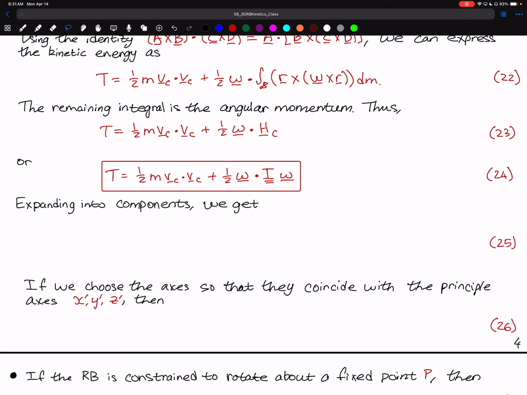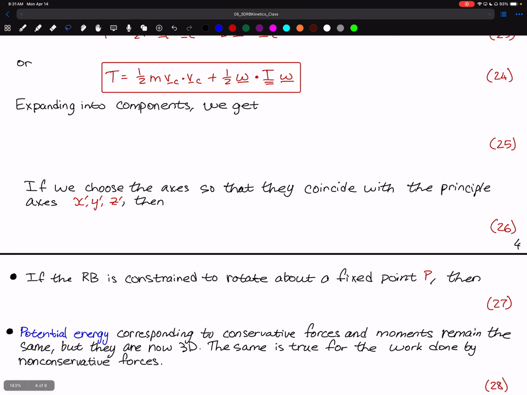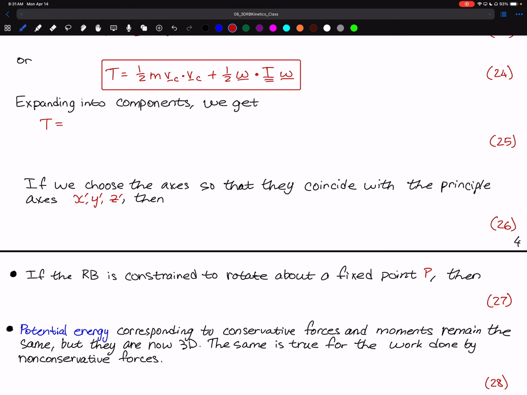All right, we can also expand this into components. And we'll get this lovely expression where T is equal to 1/2 m times v cx squared plus v cy squared plus v cz squared plus, so that one is probably relatively straightforward and what you would expect.